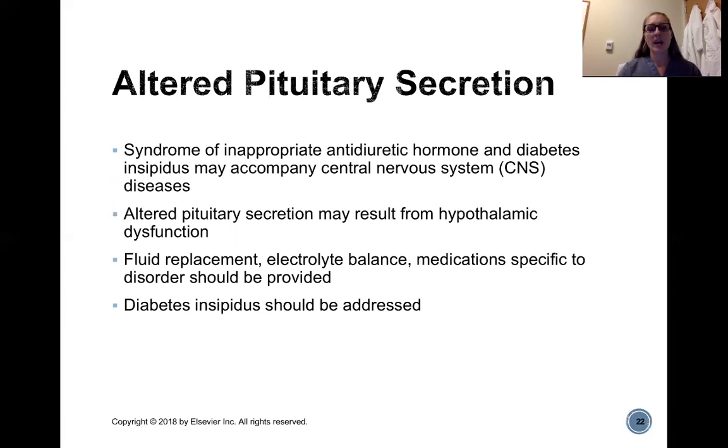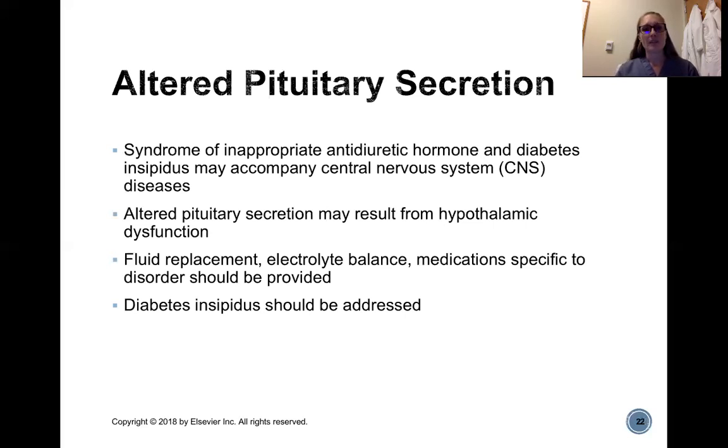So when we have a head injury and a variety of different CNS things going on, we end up with some altered pituitary secretion as well. And so we could potentially end up in SIADH, which is going to cause overhydration and an increase in the intracranial pressure.